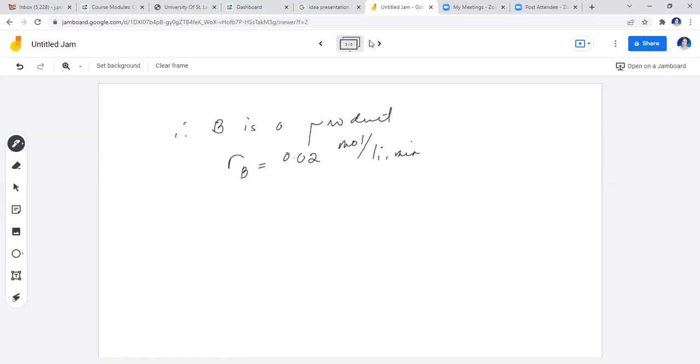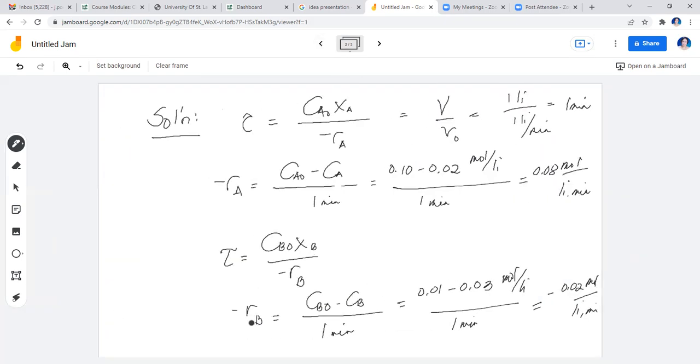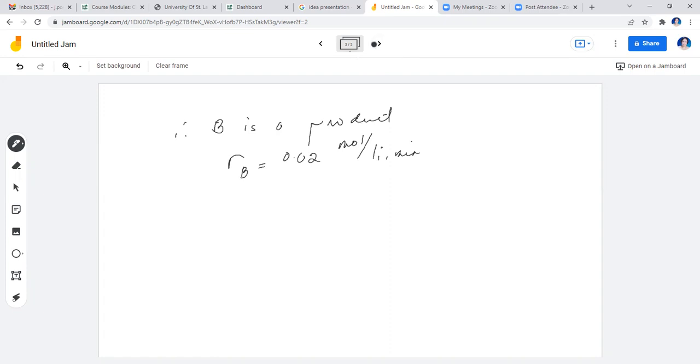So the same principle, the same form of equation. So I will just go straight to the equation. We assume that C is the product. So I'll write R sub C is equal to CC0 XC over the tau. I already interchanged the two. What is CC0 XC? Remember, this is the amount of C formed.